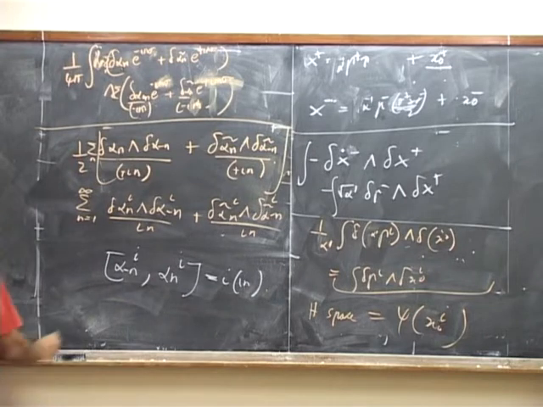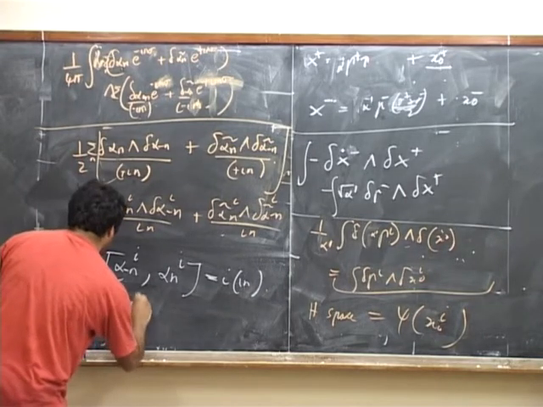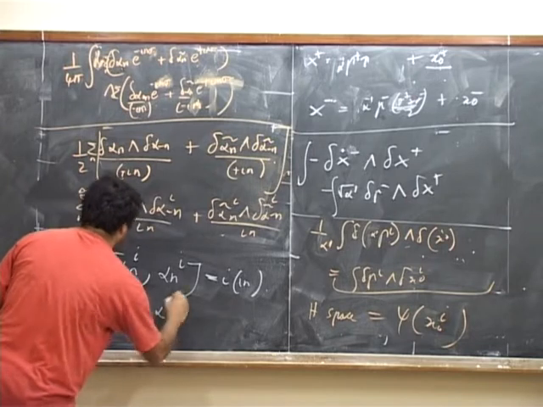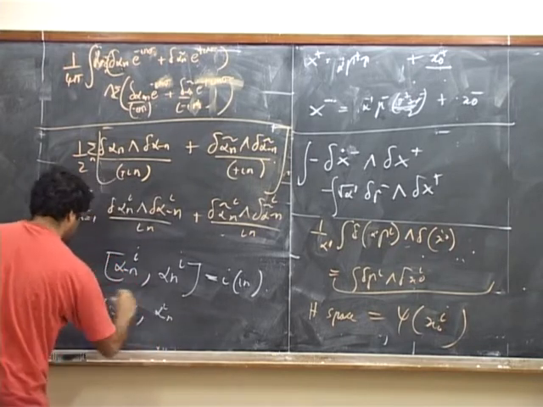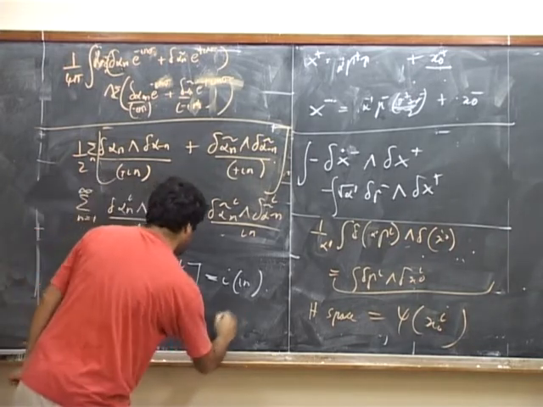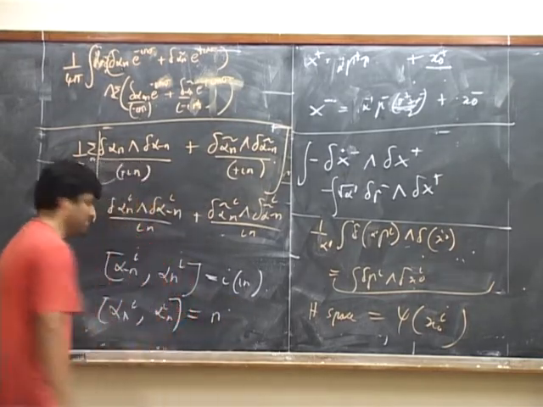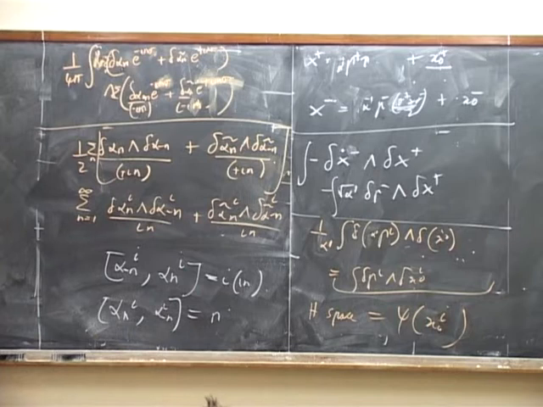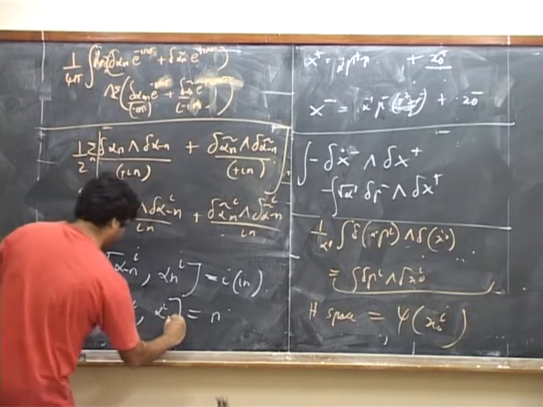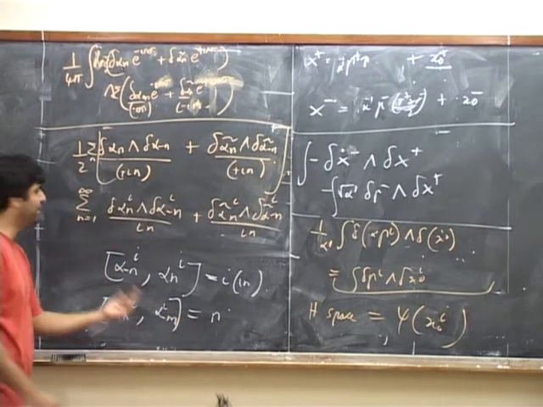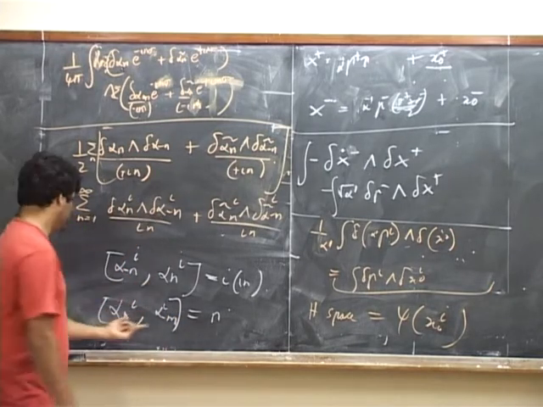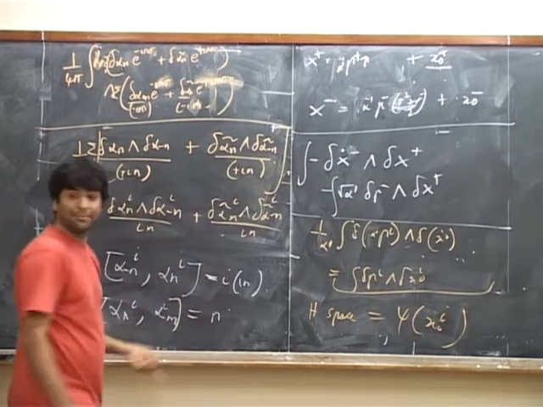Or alpha n i, commutator alpha minus n, reversing positions to get a minus sign, is equal to n. In fact, if I made this more general, of course there are only commutators between alphas with the same n, or alphas with the same i.